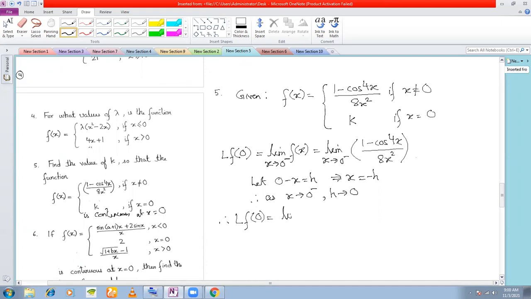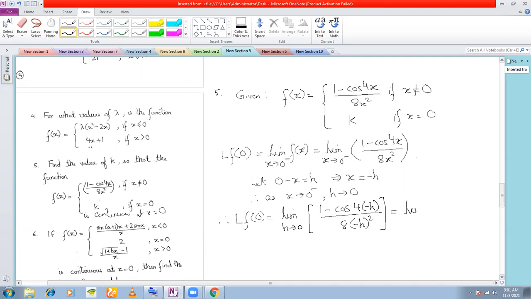Therefore, left hand limit is limit h tends to 0, 1 minus cos of 4 into minus h, divided by 8 into minus h square.